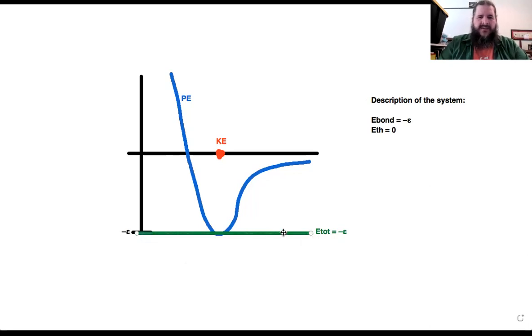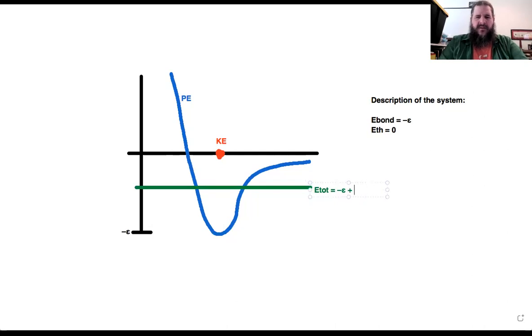Let's say we add some heat to the system, we increase E total up to some new value. That is, let's say, negative epsilon plus delta E. So delta E is the amount of energy we've added. Or let's actually call that heat, because presumably we are adding heat to the system.